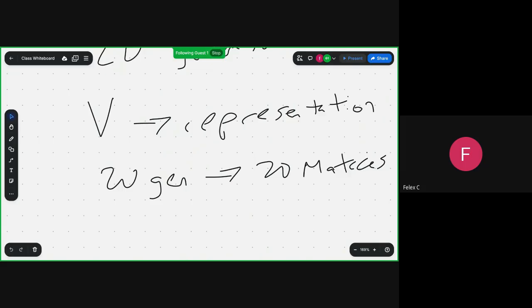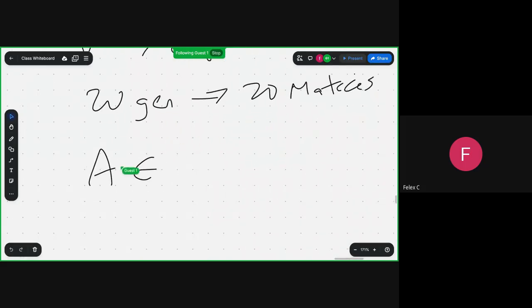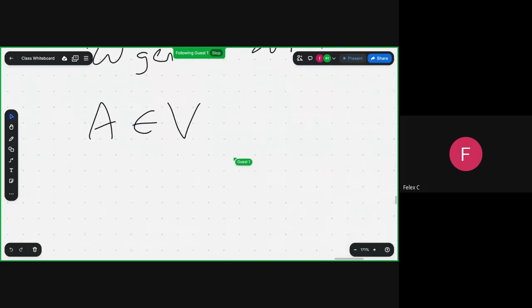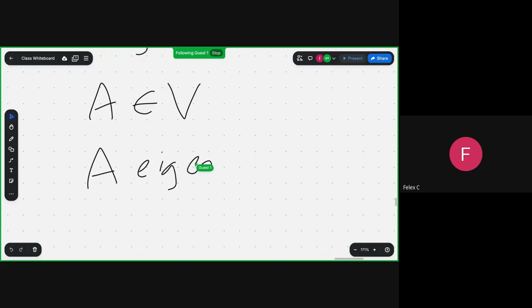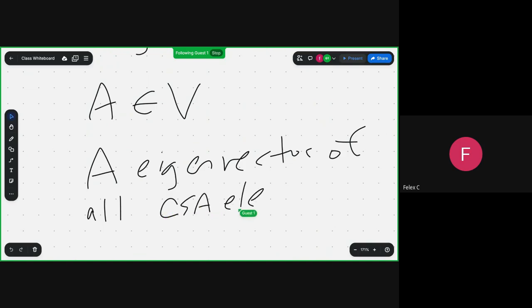So A is in V, and A is an eigenvector of all CSA elements.